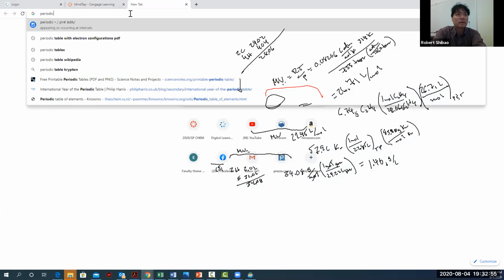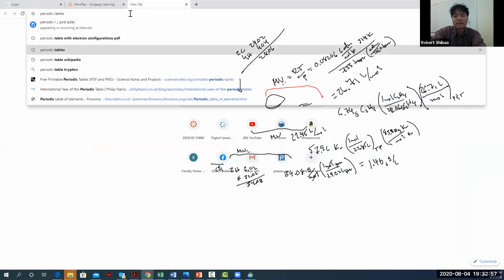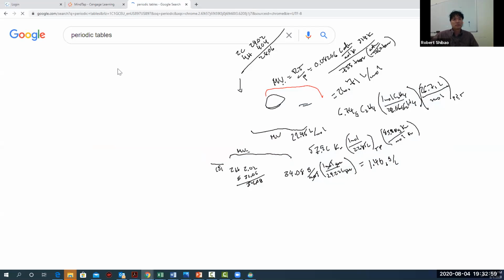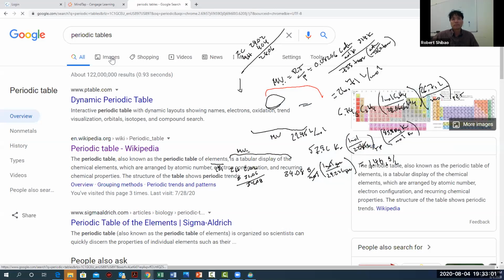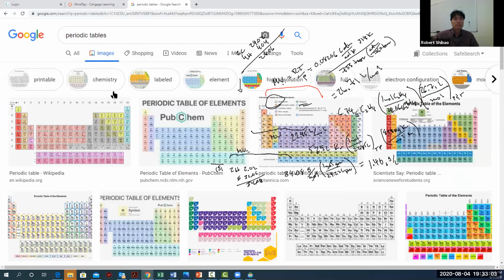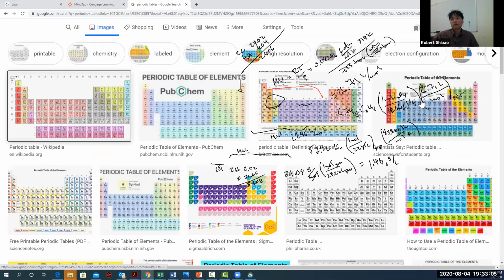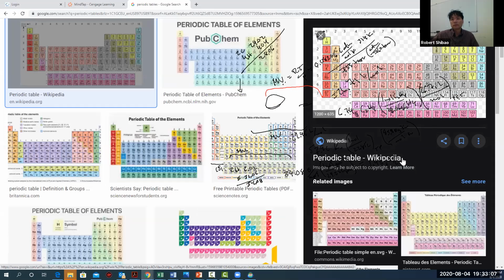A lot of these periodic tables are just ads, so it's dangerous to go there sometimes. I had a good one. Why don't they have the masses in the Wikipedia periodic table? I don't know.